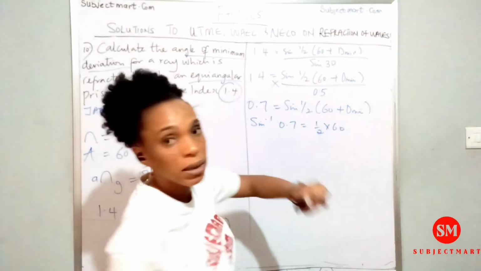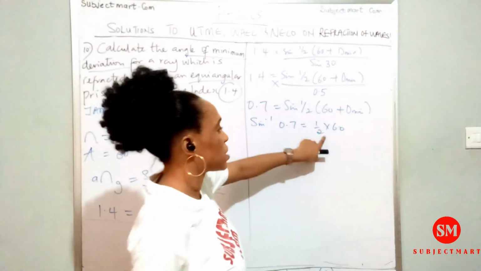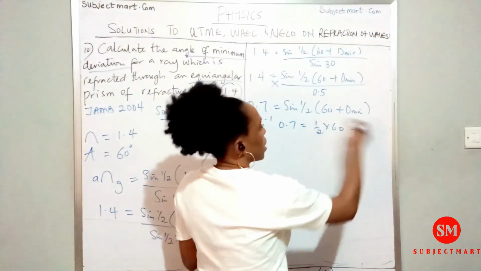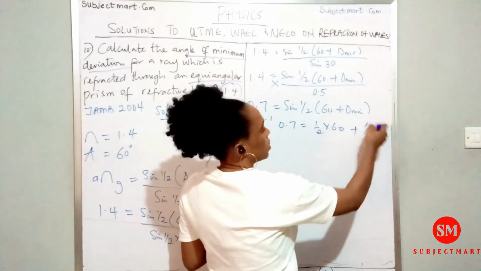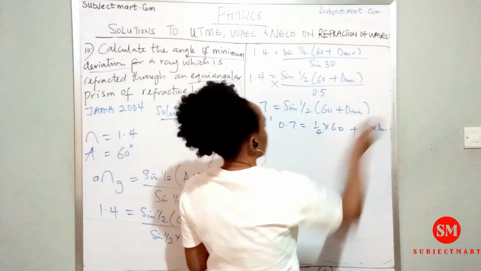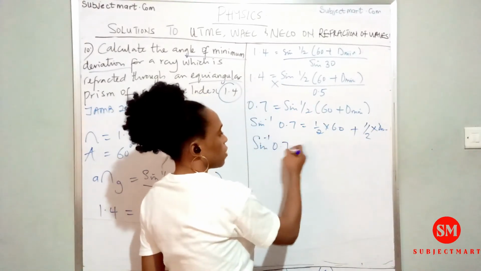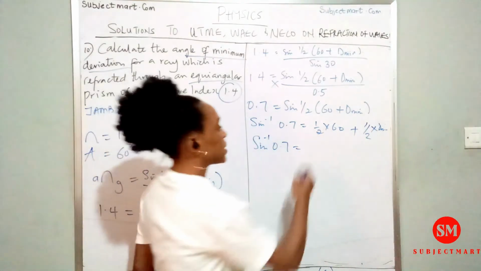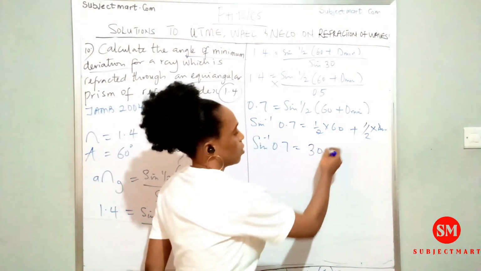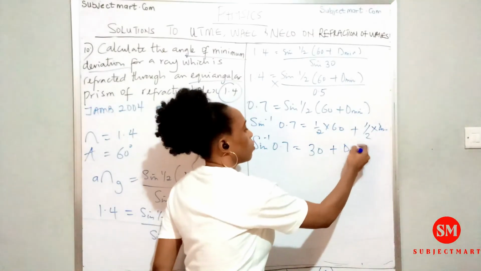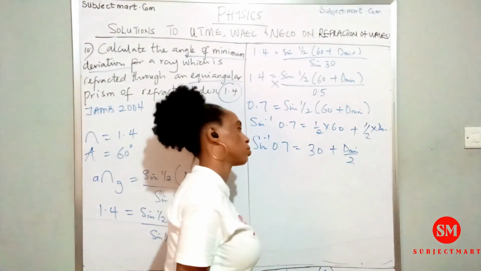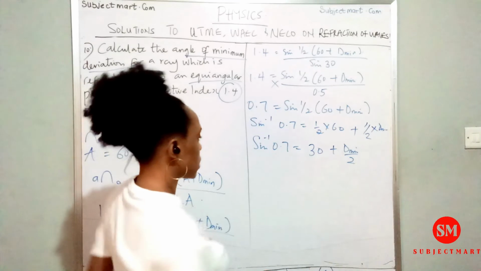So if I expand the bracket, I have half times 60 plus half times D minimum. So sine inverse of 0.7 is equal to 30 plus D minimum over 2. I want to believe this is clear.